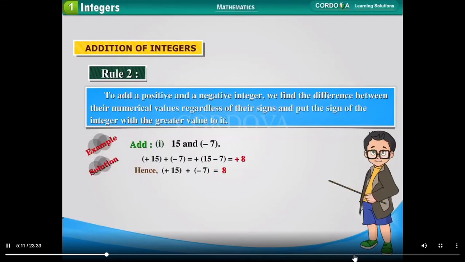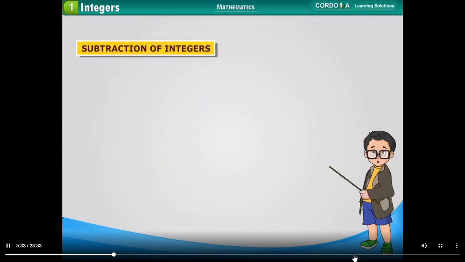Hence, positive 15 plus negative 7 is equal to 8. Now add negative 13 and 8. Negative 13 plus positive 8 is equal to -(13 minus 8), which is equal to negative 5. Hence, negative 13 plus positive 8 is equal to negative 5.